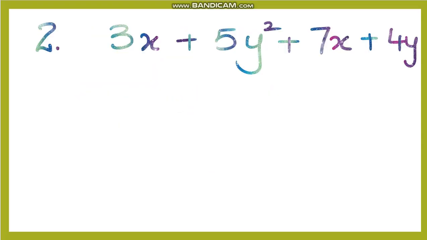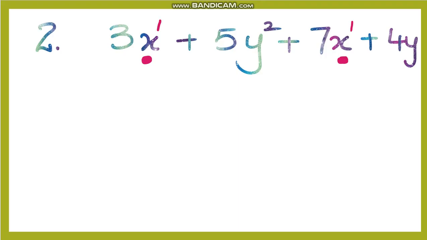Let's take another example here. Question number 2 says 3x plus 5y square plus 7x plus 4y. First of all, let's discuss our x variables. I have an x variable here and an x variable here. The first rule is met, both of them have x variables, and let's check their exponents, 1 and 1.